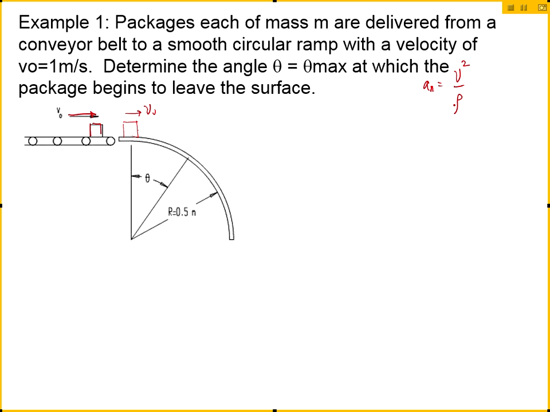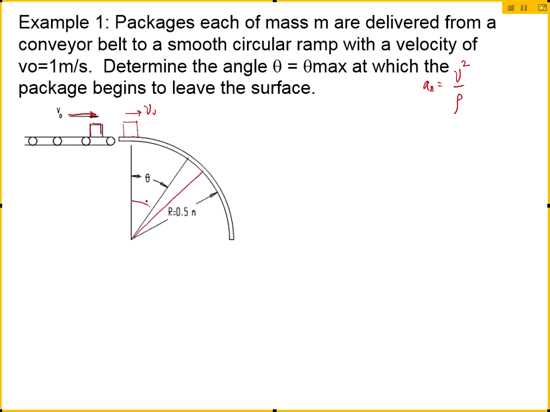And increasing the radius of curvature means that it's no longer along a circle. So there will be a point where the speed is so large that it cannot keep its radius of curvature of 0.5 meters. It has to fly off to a new radius of curvature that's bigger than that. Okay, and we're looking for that.